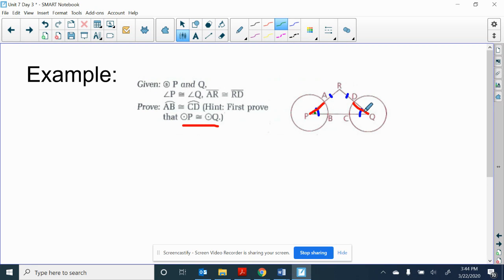And the isosceles triangle theorem says that if the base angles are congruent, the legs are congruent. So I can get that PR is congruent to QR. And if PR is congruent to QR, by the segment subtraction theorem, I could take away RA and RD, and I'm left with my two radii. Now I have my two radii congruent, which means the circles are congruent, which means I can say if the central angles are congruent, the arcs are congruent.